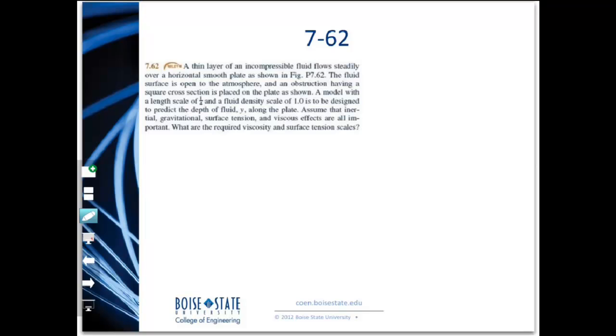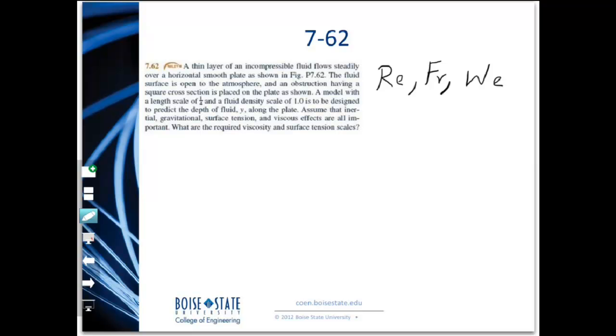Okay, so this statement tells you that Reynolds number is important, Froude number is important, and Weber number is important, which includes the surface tension effects. So let's go ahead and write: Reynolds number is important, Froude number is important, and Weber number is important.